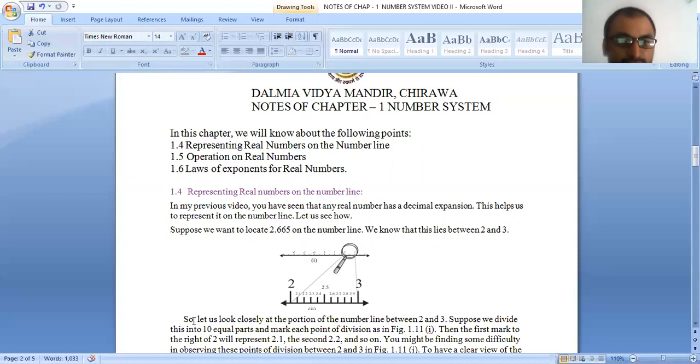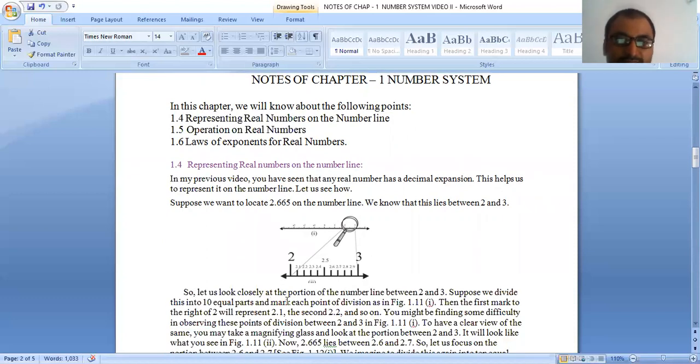Now let us look closely at the portion of the number line between 2 and 3. I have drawn a line and denoted 2 and 3. To locate 2.665, suppose we divide this line into 10 equal parts and mark each point of division as in figure 1.11.